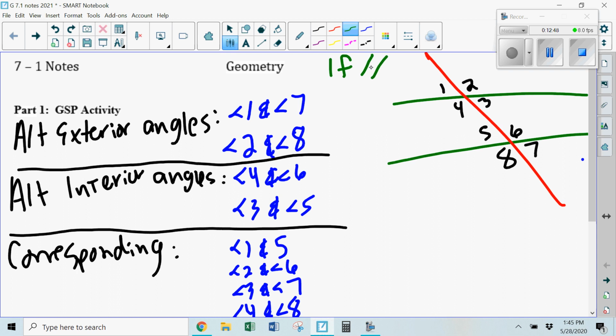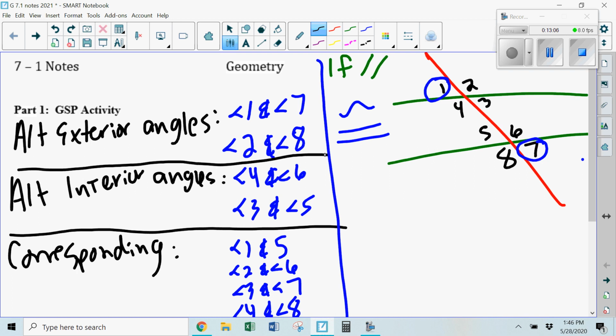If parallel, remember alternate exterior, so 1 and 7, not only are they going to be called alternate exterior, but they're going to be the exact same measure, which we call congruent. So you're going to write congruent. If the lines are parallel, 1 and 7 are congruent, 2 and 8 are congruent.